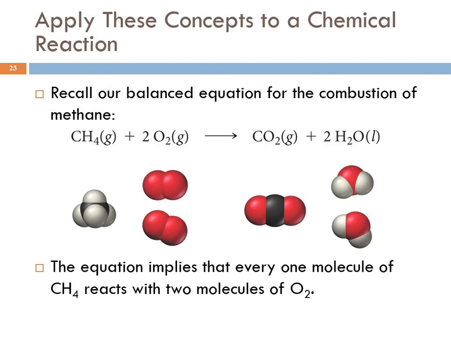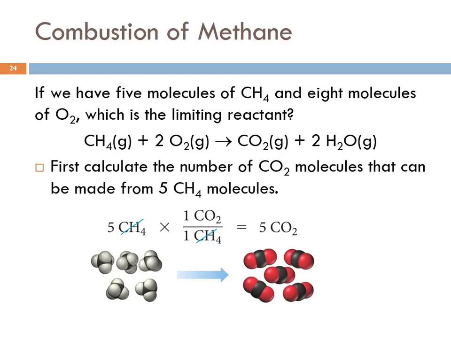And we see that for every 1 molecule of this, it reacts with 2 molecules of oxygen. Well, what if we have 5 molecules of methane and 8 molecules of oxygen? What's going to happen? We apply the same process that we did with the pizza. We take the quantity of each reactant and figure out how much product we could make.